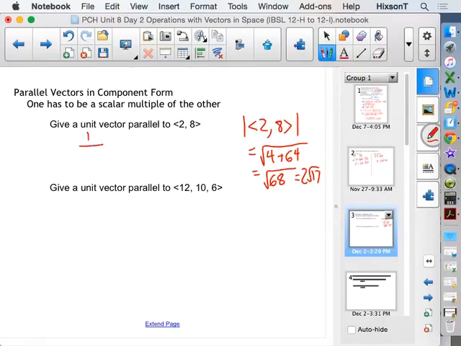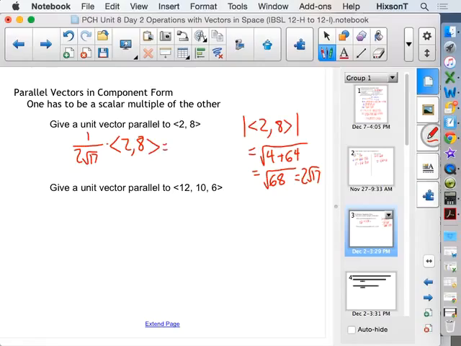We take 1 over 2 root 17 and multiply the original vector by that, because remember that'll keep it the same direction. Constant multiples keep it the same direction but change the magnitude. Here we're multiplying by the reciprocal of the magnitude, so it'll make our magnitude 1.